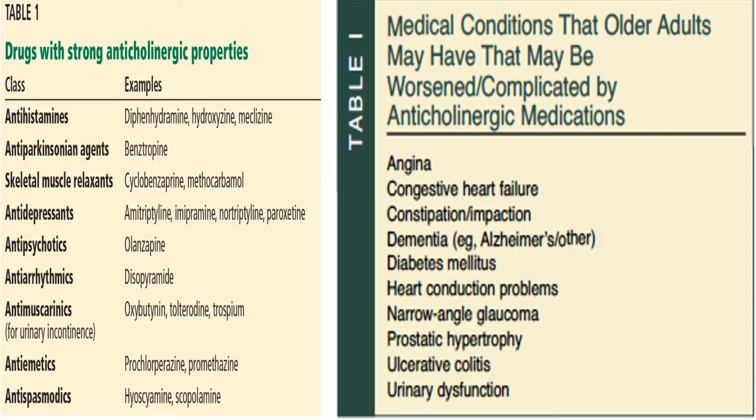So next group, I meant benztropine, very anticholinergic. A lot of muscle relaxants that you can get over the counter. Cyclobenzaprine, methocarbamol. You've probably seen commercials for Flexeril, which is cyclobenzaprine, or methocarbamol is Robaxacet.